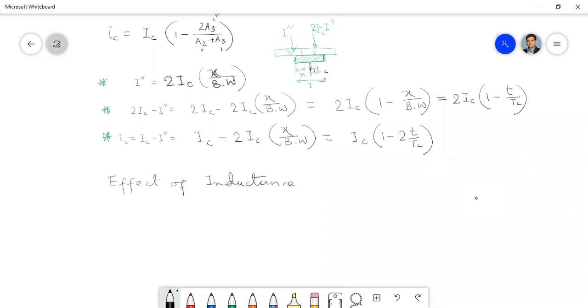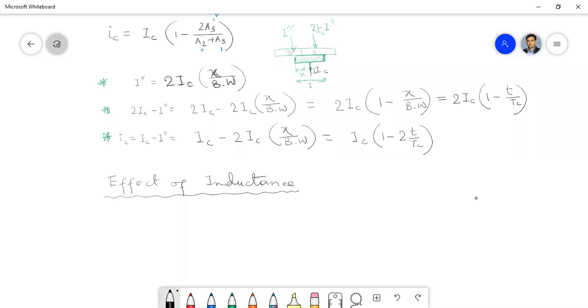So whenever current changes through a coil, obviously the term inductance comes into the picture because it changes the flux linkage. Correct. By principle, inductance always opposes any change in current.